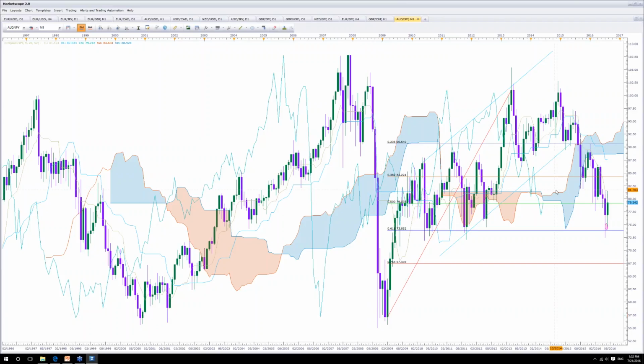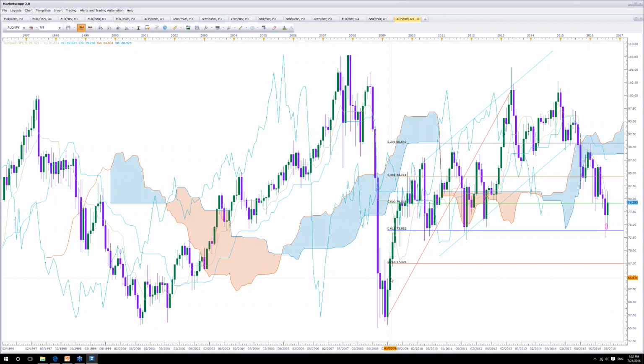So now here's the deal, right? In 2009, 2008, it dropped because of the financial crisis, right? Because of the shock, and the Japanese yen became a safe haven. Right now, the American economy is not as bad as it was back in 2008. All right, so that is the difference. There's a main difference between this time around and last time around.